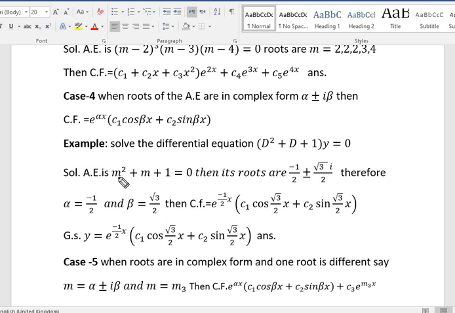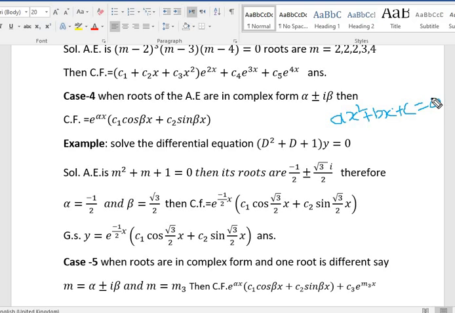So what you have to do? Just write the auxiliary equation: m square plus m plus 1 equal to 0. Then I try to solve its roots by the factorization method or any other method. Here we write the equation like ax square plus bx plus c equal to 0.